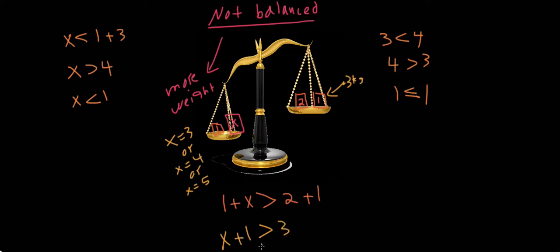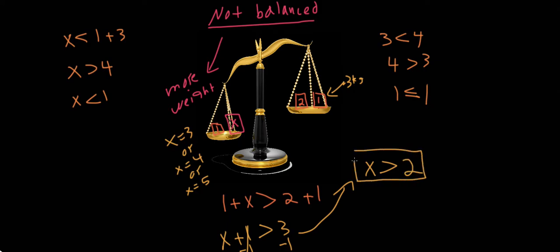So from here we can solve. Let's subtract 1 from both sides. So 1 minus 1 cancels out. 3 minus 1 is 2. So we get x is greater than 2. And as we talked about earlier, we just solved it. We just solved and got the same answer with algebra.